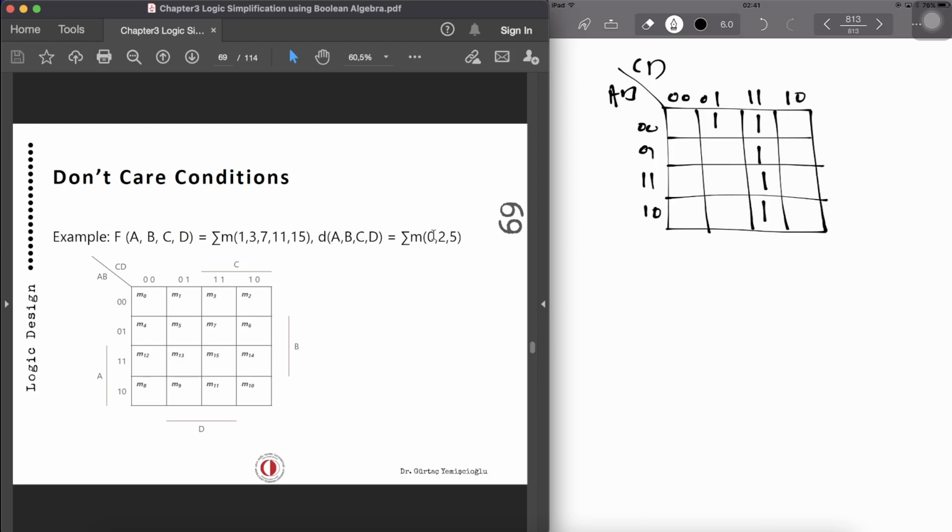These are all ones, as given. Then minterm 0, minterm 2, and minterm 5 are going to be don't cares. They can either be ones or zeros. And the rest are going to be zeros.